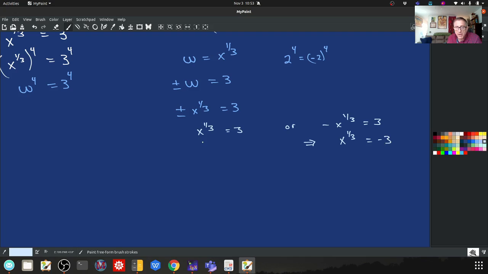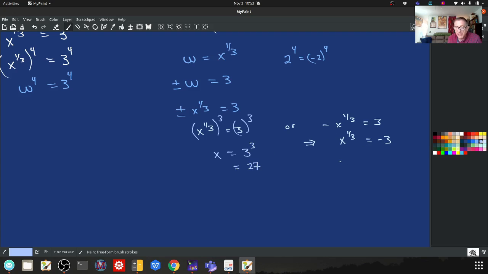So how do I solve for x? I raise both sides to the 3rd power. So x to the 1/3 raised to the 3rd gives me x, and x is equal to 3 to the 3rd power, which is 27.